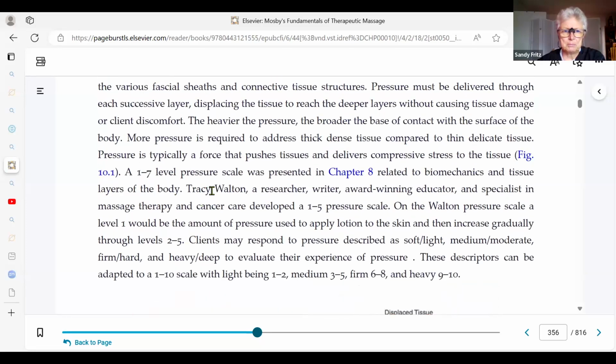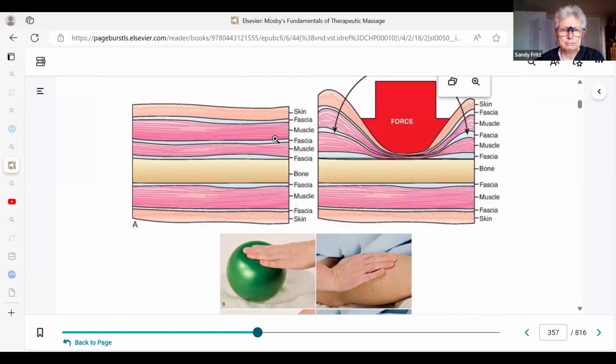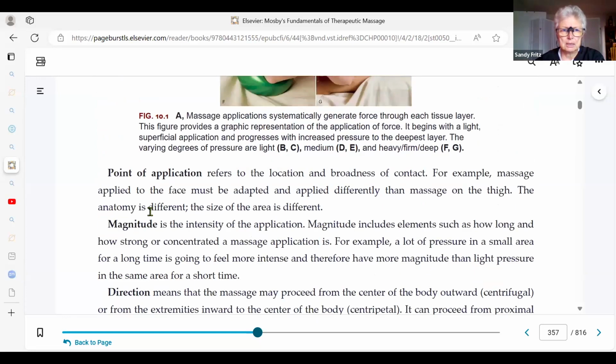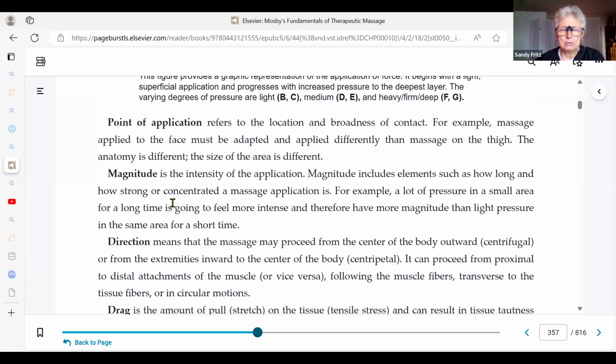This one happens to be here with Tracy Walton, who I very much admire. She developed a pressure scale, and there's one in chapter 8. So different ways to describe and apply pressure, and what happens when a force is applied, and how to individualize that.